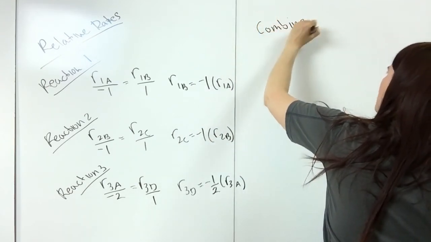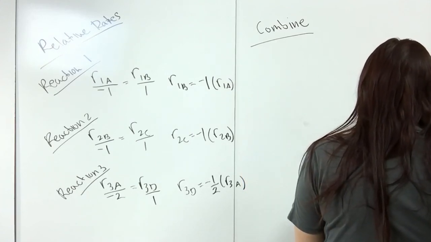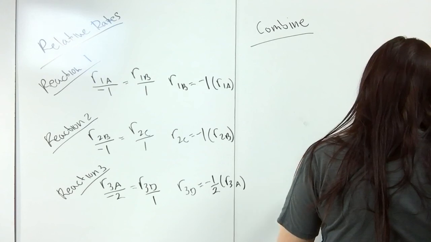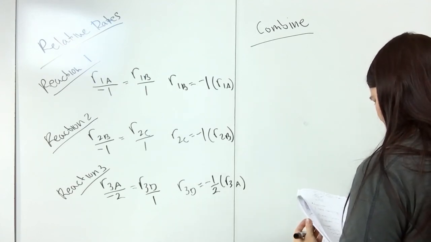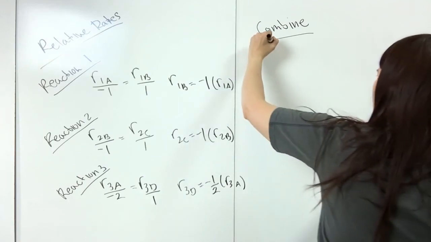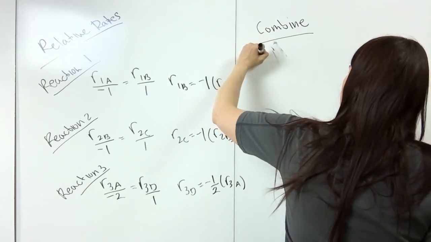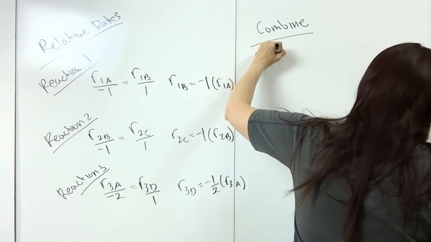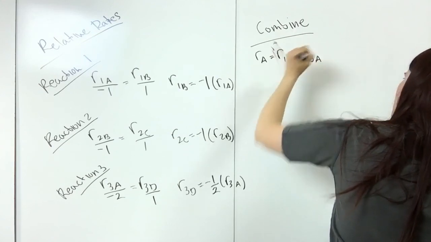So now we combine. I'm just going to write down what they were again real quick. For the first one, RA is equal to R1A plus R3A.